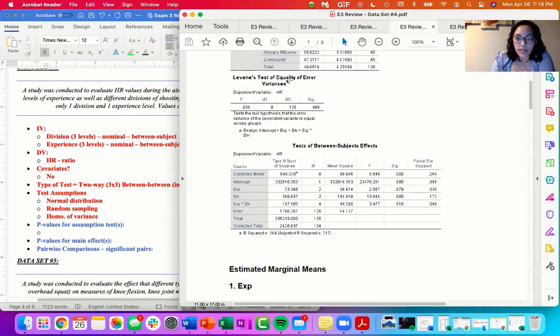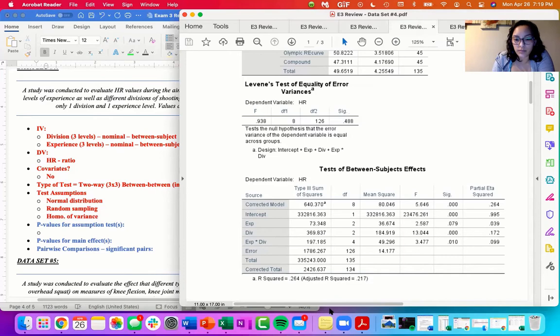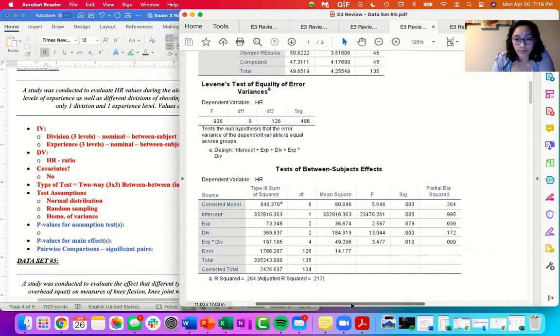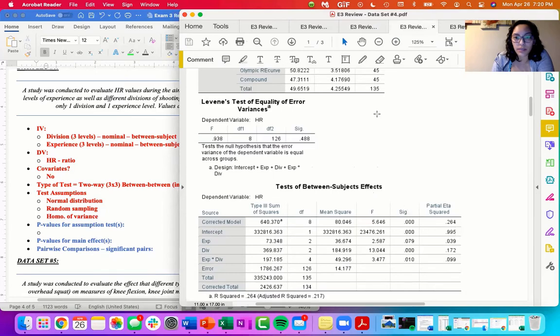We can see Levene's test. I'm going to zoom in. These outputs are small. For Levene's test, we've got a p-value of 0.488. This is for dependent variable heart rate. The design looks at whether our variances are equal between experience, division, and the interaction.